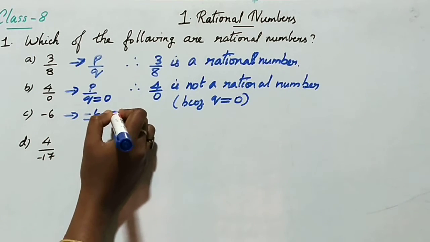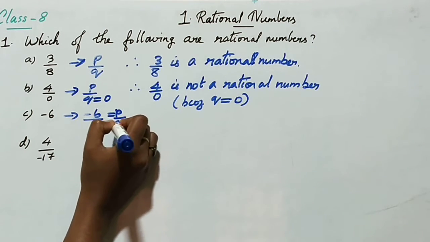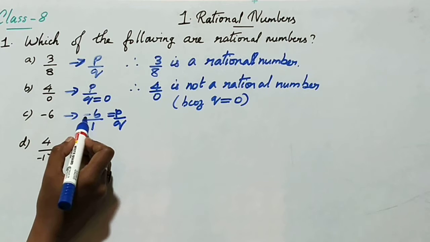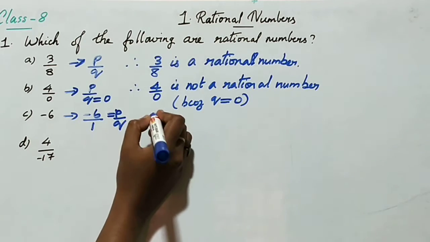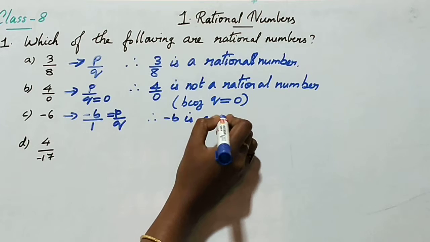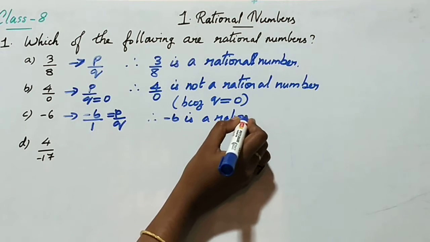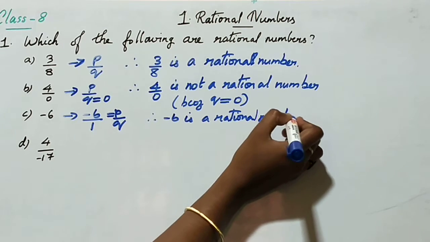Now, is this of the form P by Q? Yes, we have a numerator as well as a denominator which is not equal to 0. 1 is not equal to 0, right? Therefore, minus 6 is a rational number.